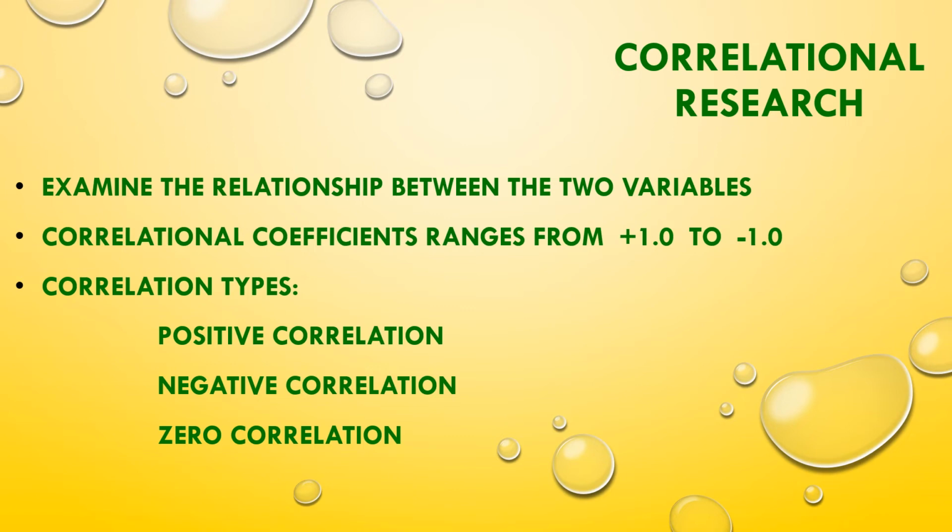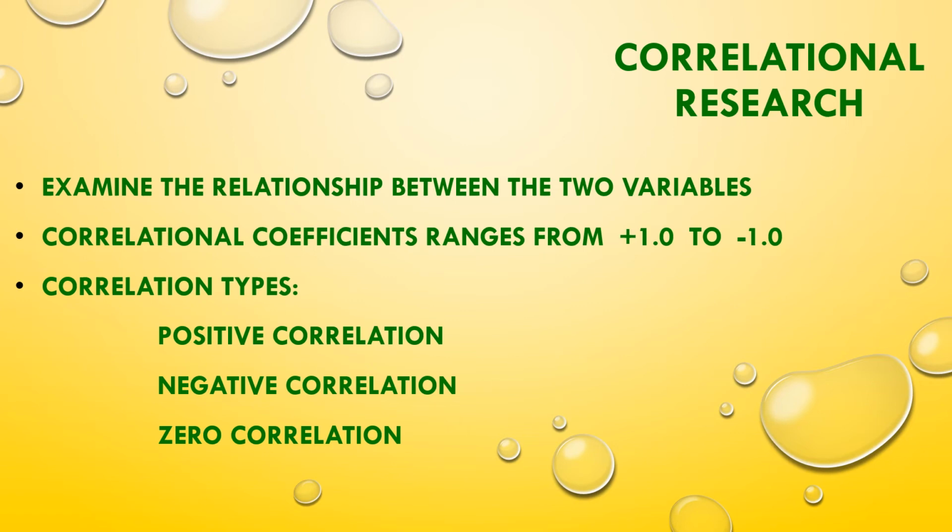If the change in the value of one variable does not affect the other variable, then what happens? Then there is no relationship between the variables. So in positive correlation, A increases, B increases, A decreases, B decreases. And in negative correlation, A increases, B decreases, and A decreases, B increases.